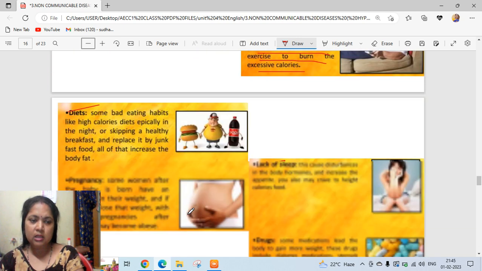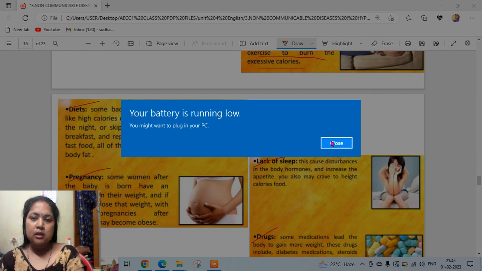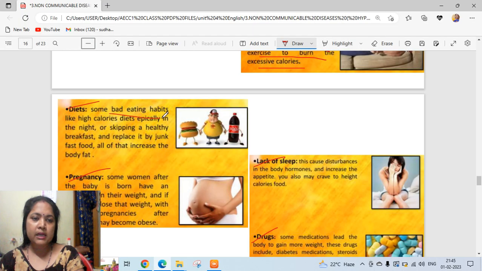excessive calories. And diets: some bad eating habits like a high calorie diet, especially at night, or skipping a healthy breakfast and replacing it with junk fast food, all of that increases body fat, as you all know.